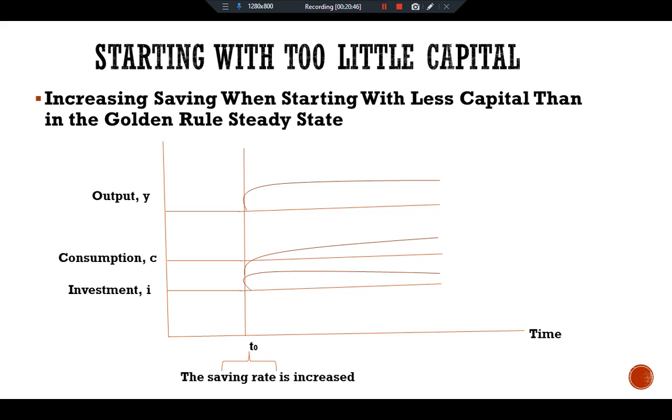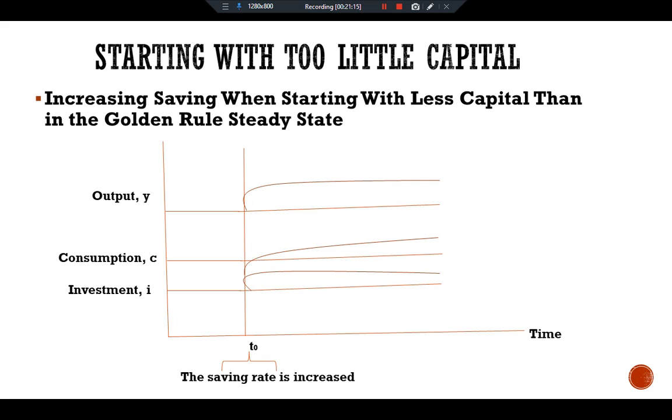Okay, this figure shows how output, consumption and investment react to a change in saving when the economy begins with less capital than the golden rule level and the saving rate is increased. The increase in saving at time t naught causes an immediate drop in consumption and an equal jump in investment.